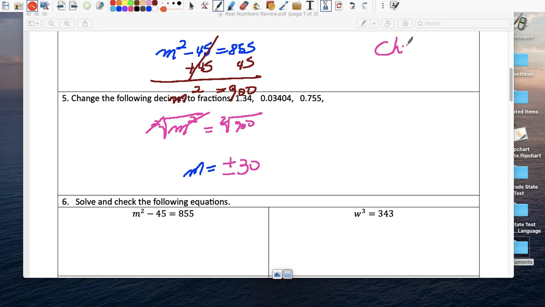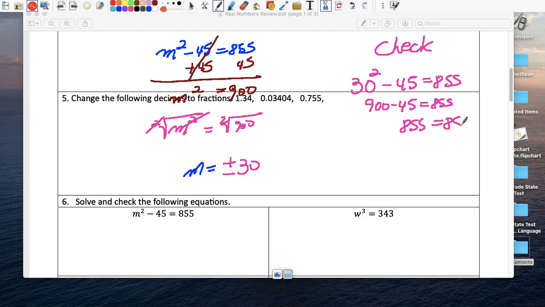Let's do a check and see if we're correct. Let's check with positive 30, so 30 to the second power minus 45 equals 855. 30 squared is 900, minus 45 equals 855. So positive 30 worked. Let's try negative 30.